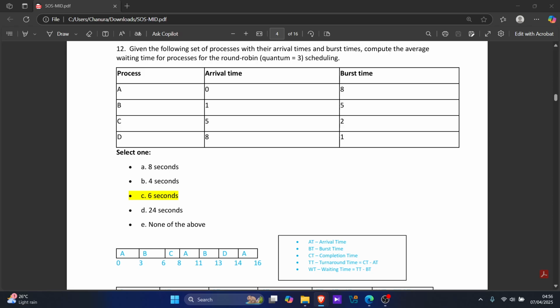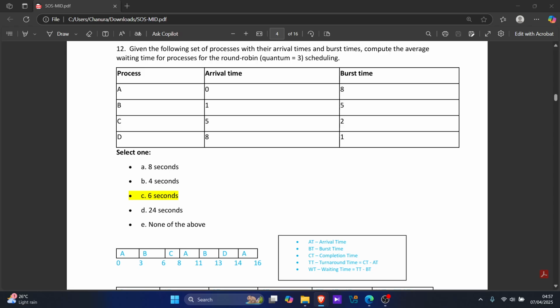Time 6, B finishes, queue is C, A, B. Time 6 to 8, run C for 2 units. C finishes at 8. Now, check arrivals, D arrives at 8. So D is added to the queue. Now, the queue after 8 is A, B, D. Next process to run is A.